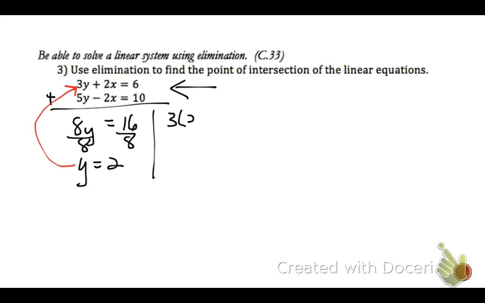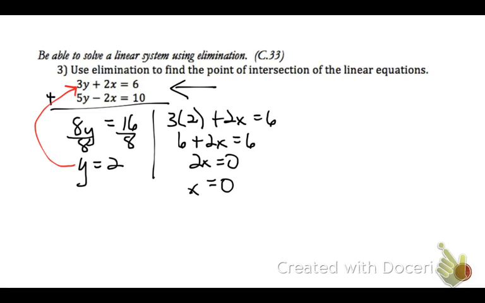So 3 times 2 plus 2x equals 6. So 6 plus 2x equals 6. 2x equals 0, so x equals 0. So the solution to this system, or where these two lines cross, is the point 0, 2.